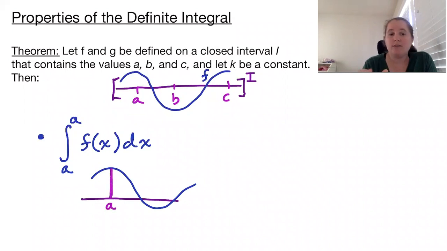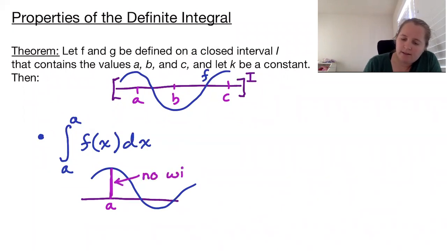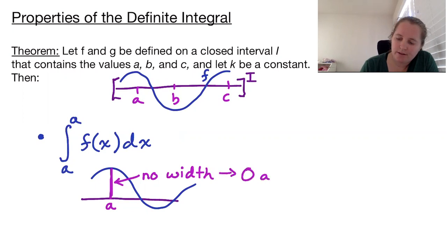Our little region has no width, right? So there's no width. And if we have no width, then we should have no area, or zero area. So the rule is that if we take the definite integral from a to a, we don't change x values there. We have zero area and we just get zero.